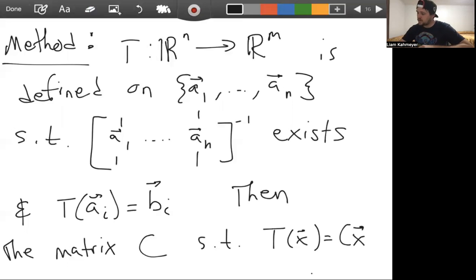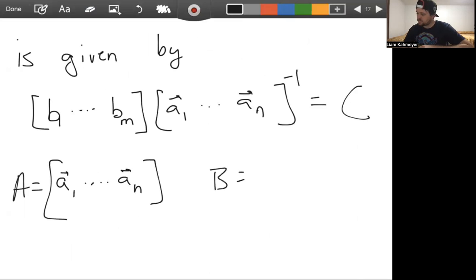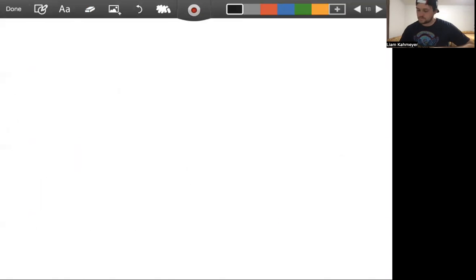So if we were to call A the matrix composed of the column vectors A1 through AN, and B was the matrix B1 through BM, well, then C is always just going to be B A inverse, right? So we could see a quick example here.